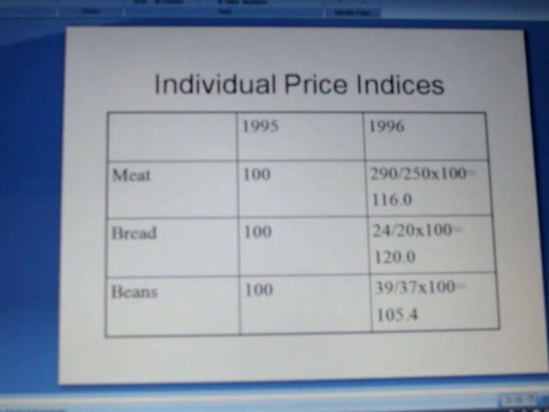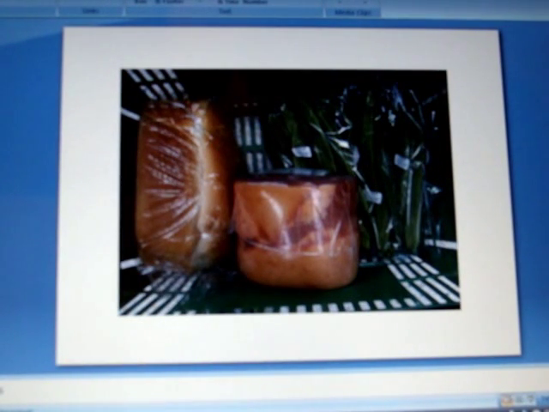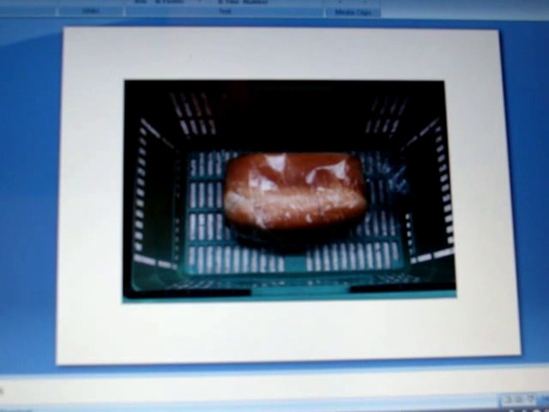But what does it tell us about the cost of the food? Is the price increasing or decreasing? What is also important is people do not buy meat, bread or beans separately.